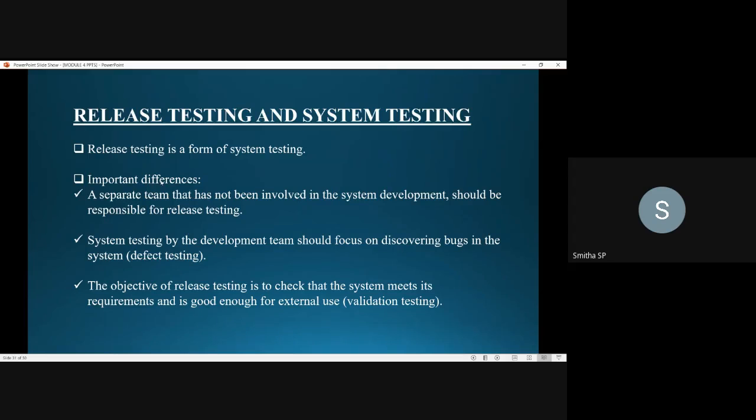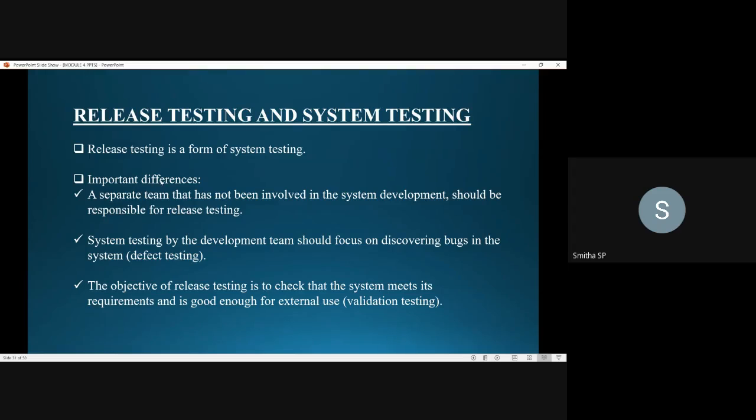Its team members should not be involved in the system development. The release testing team should contain members who are meant for release testing only. Those team members will perform the release testing. Next, the development team performs the system testing.